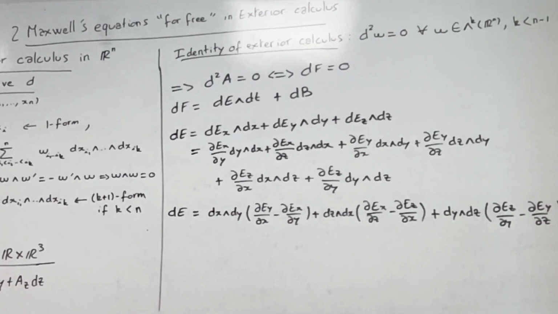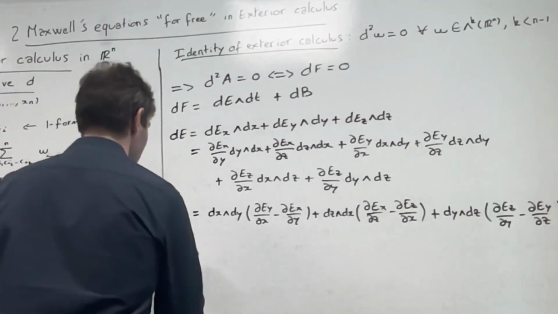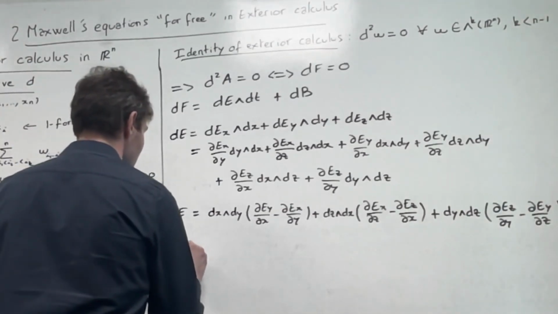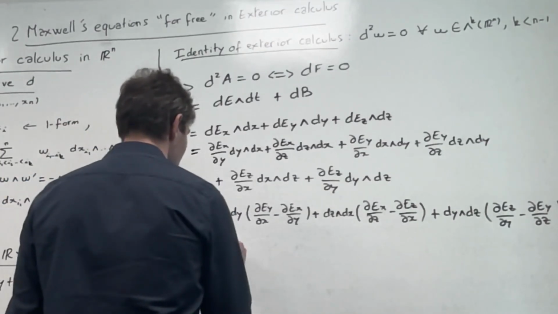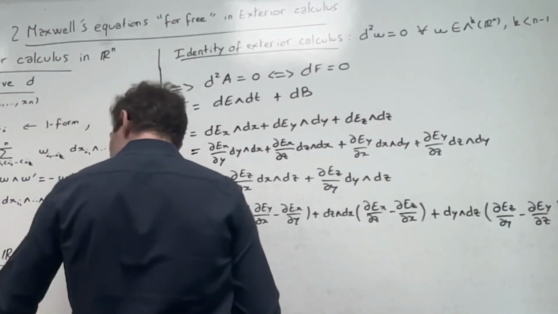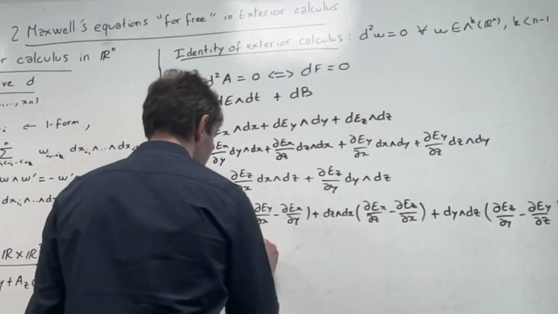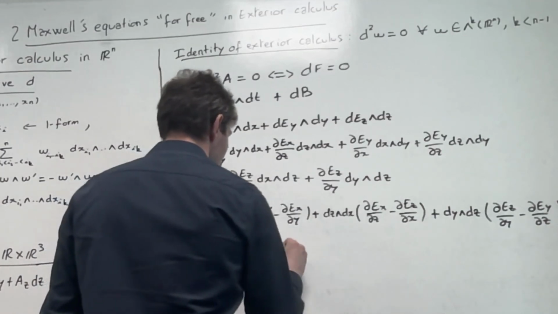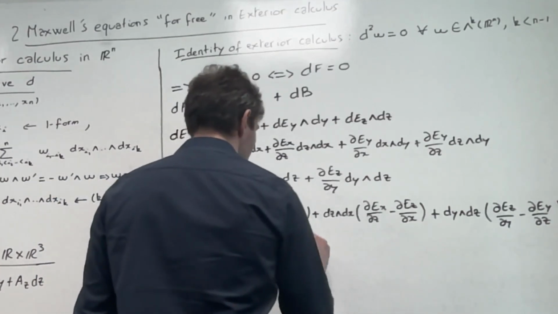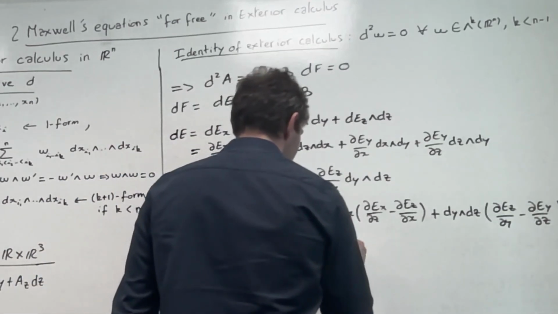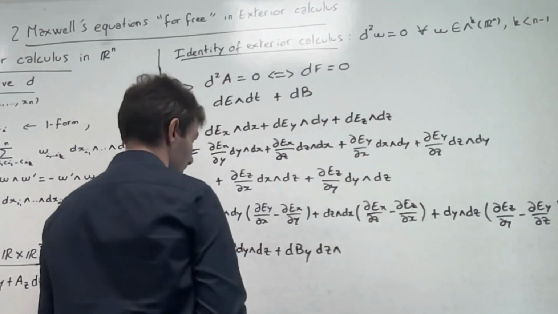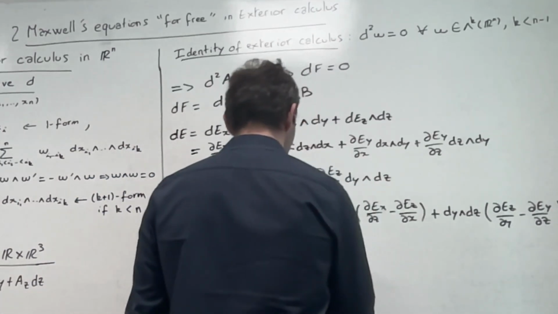Okay. So that's exactly the same strategy as before. If I calculate dB, let's try to work this out. So dB is going to be dBx/dx and then dy wedge dz.